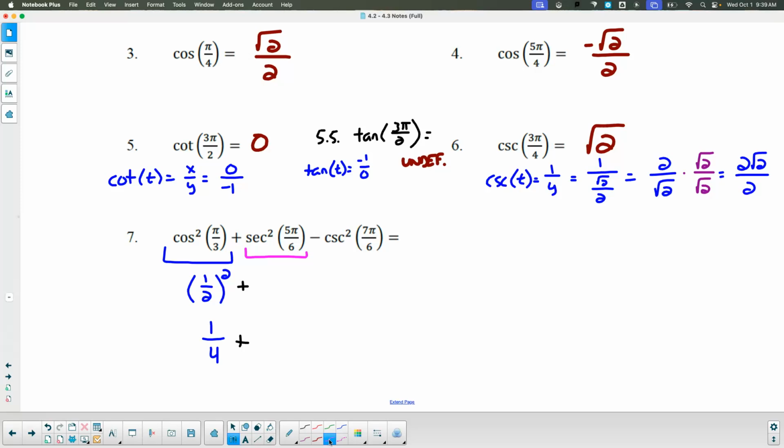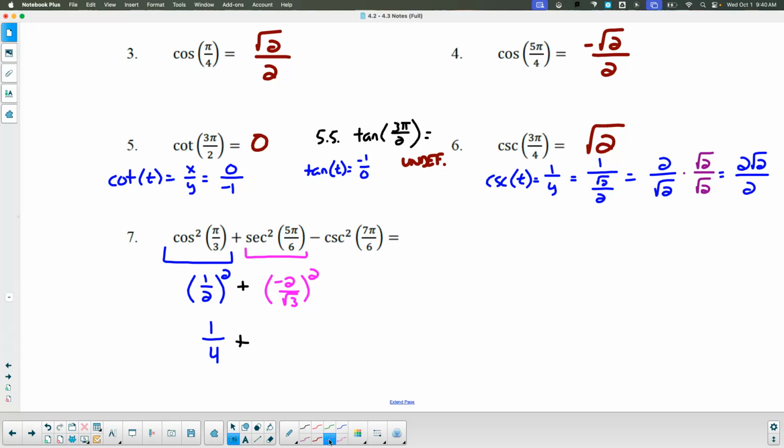What is the secant at 5 pi over 6? Negative 2 over the square root of 3.